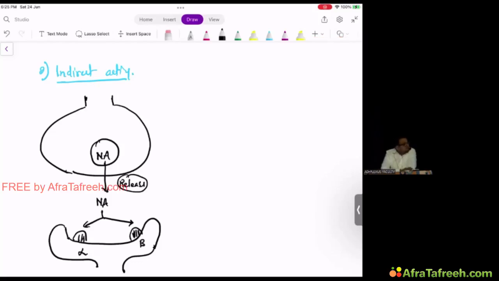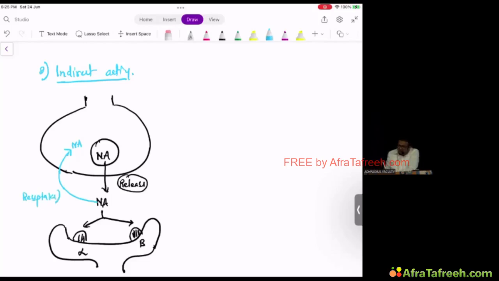It acts on them. Then what happens to NA? Once it has acted, does it continue to act forever? No. So NA is taken back. NA goes back into the neuron. What is this process called? This process is called reuptake.